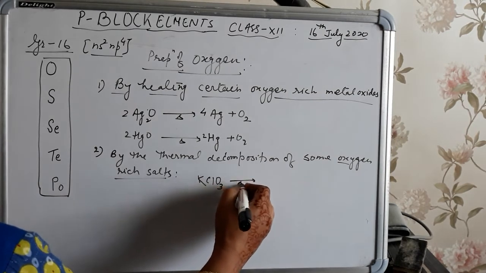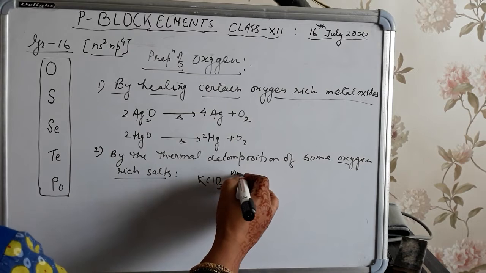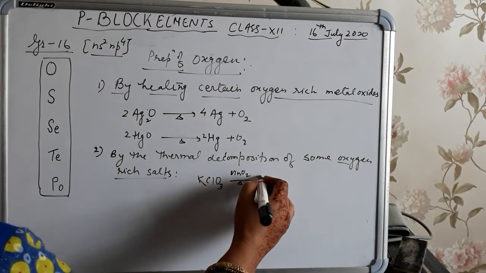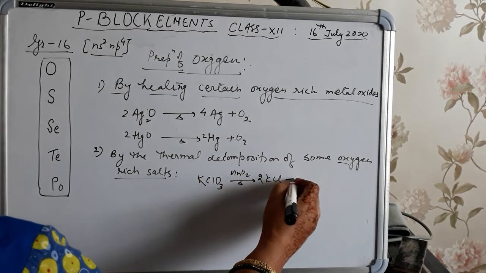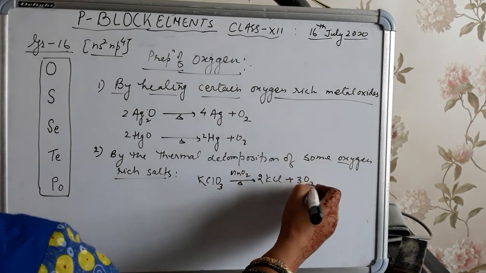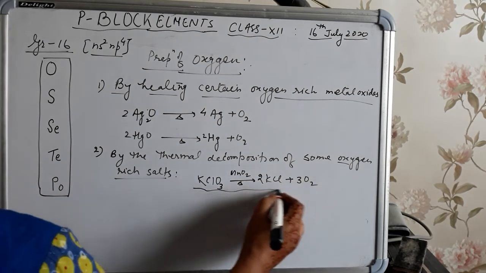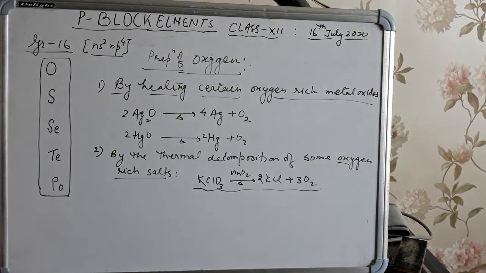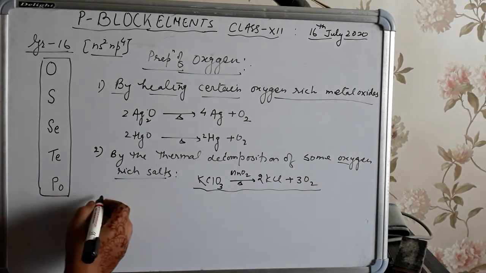When heated in the presence of the catalyst MnO2, formation of potassium chloride and oxygen takes place. In fact, this method is used for the laboratory preparation.